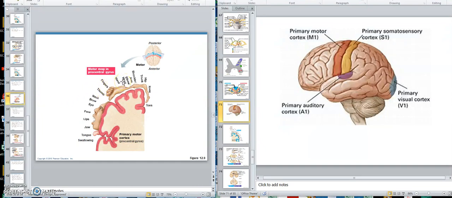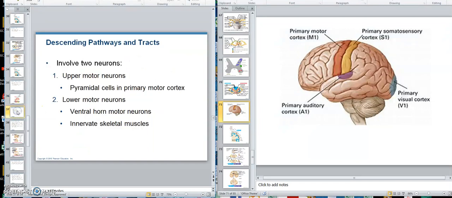So if I want to move, let's do my arm. I'm going to move my arm, then it would be this stack of neurons in the cortex right here that would do it. I want to move my arm. So that would be up here. Then I'm going to come down. Now in these pyramidal tracts there are two neurons, upper motor neurons and lower.